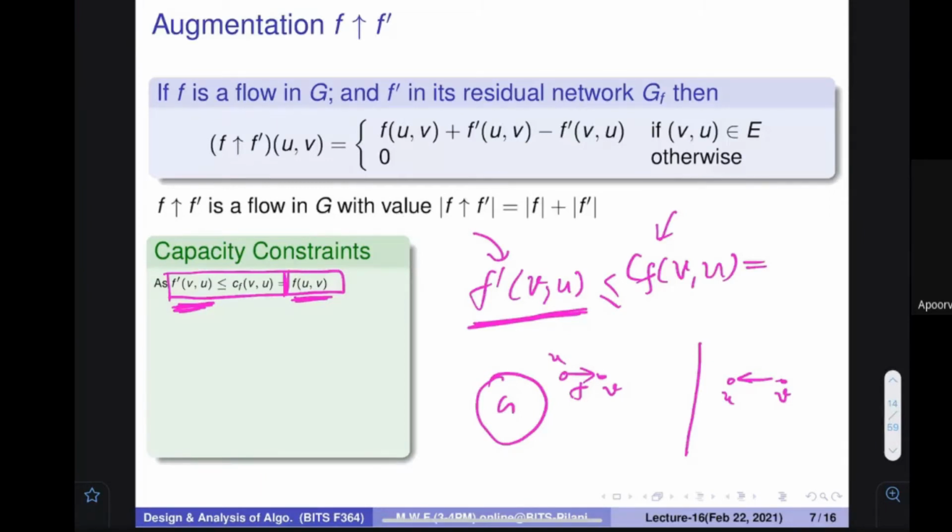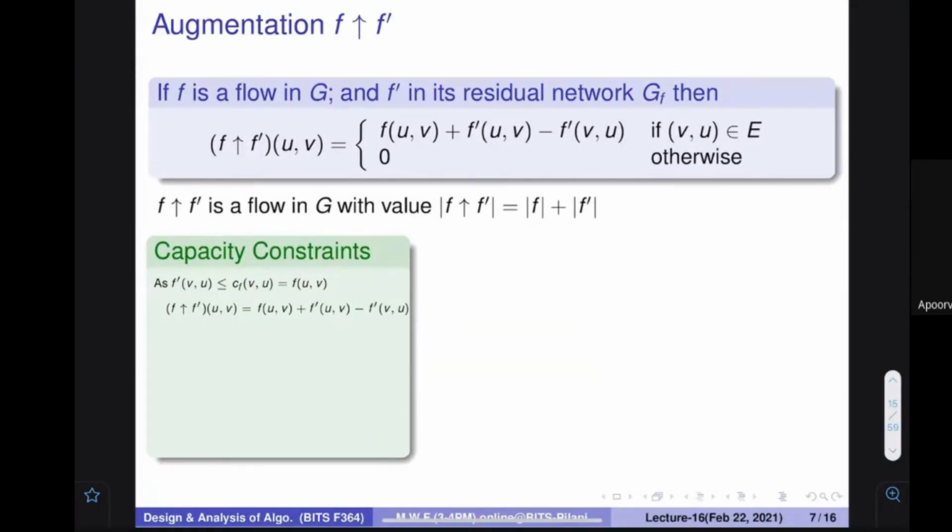So this formula is clear. What is this particular formula? You know that F dash of VU, if you pick any two nodes V and U, is upper bounded by the capacity, because flow cannot be more than capacity, and it is actually equal to F UV.